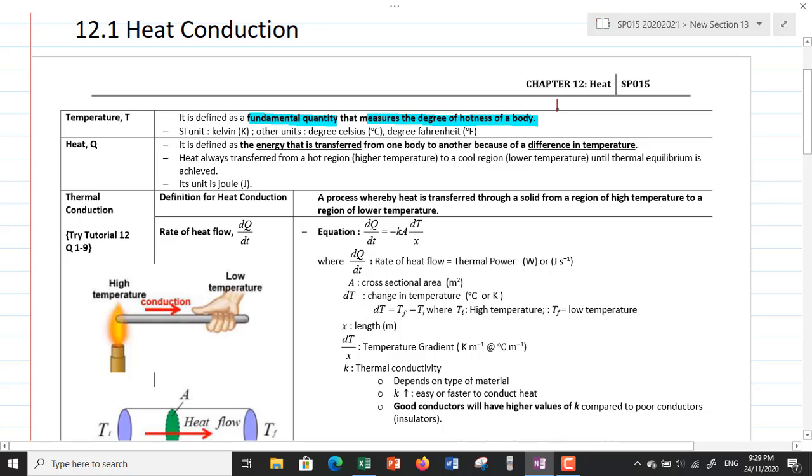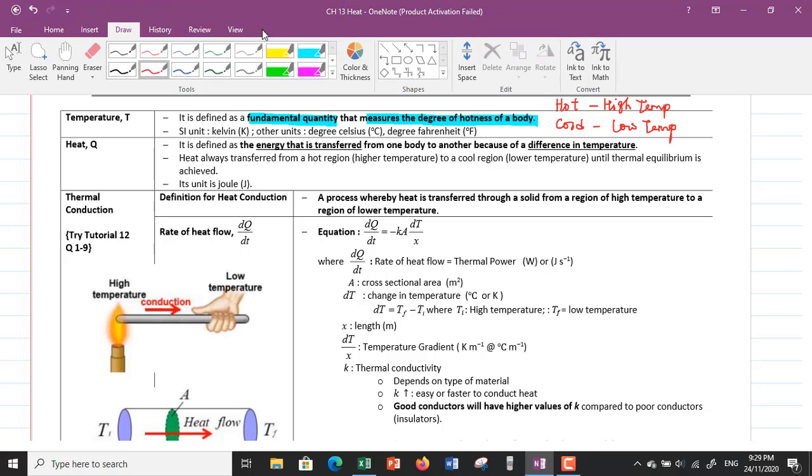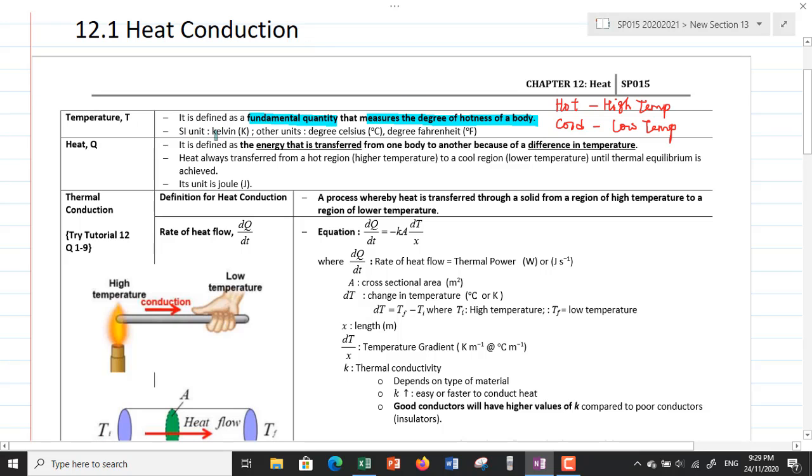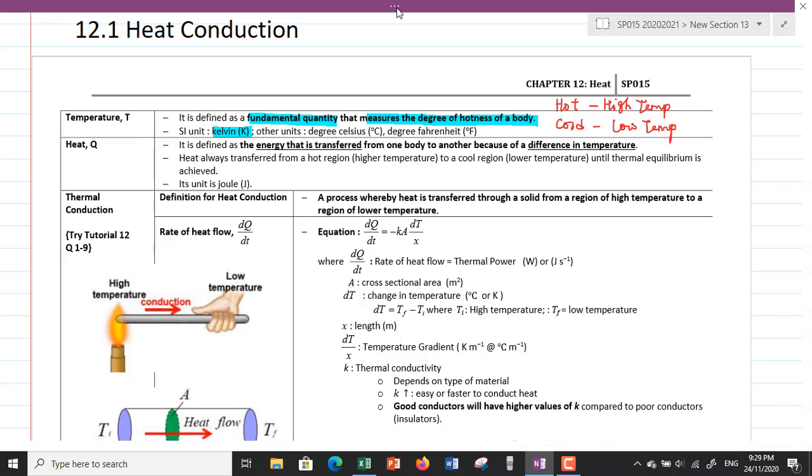Normally for hot bodies, we have high temperature, and for cold bodies, normally we have low temperature. The SI unit for temperature is Kelvin, but we also can express it in other units like degree Celsius and degree Fahrenheit.